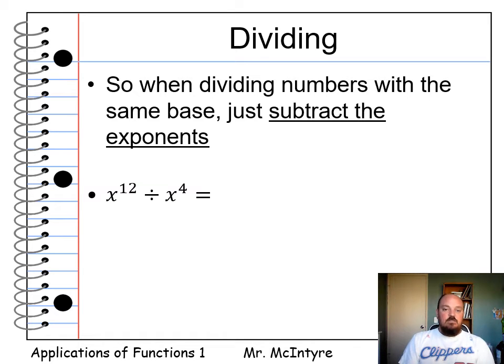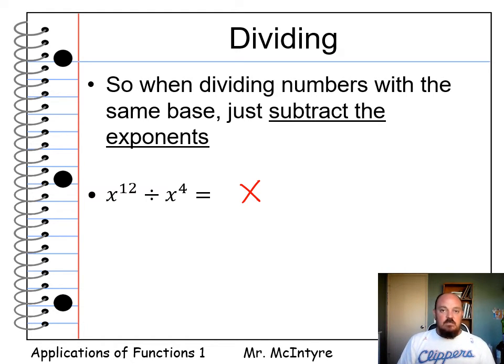So let's do x to the 12th power divided by x to the 4th power, but we're going to do it real quick. We're not going to write it as a fraction. We're not going to write a whole bunch of x's and cancel. We're just going to use the shortcut and be done. If I want to answer this question, first of all, just like when you're multiplying, leave the base. We're talking about x's, so leave the x.